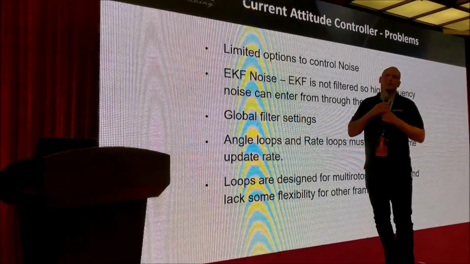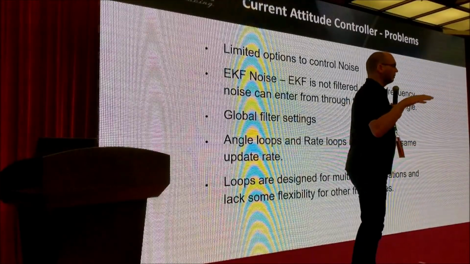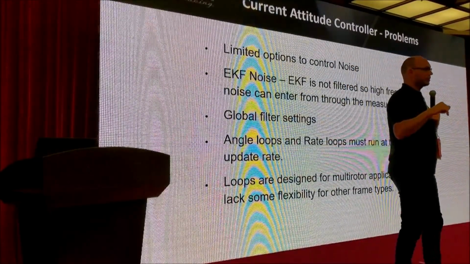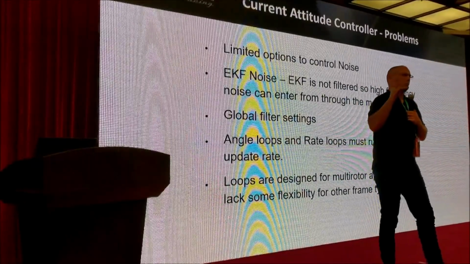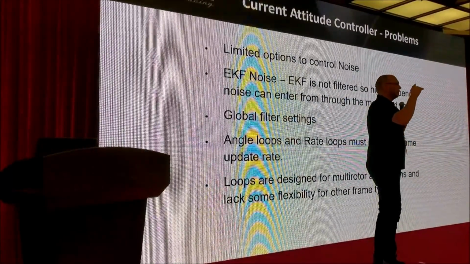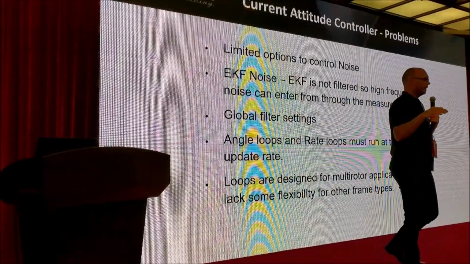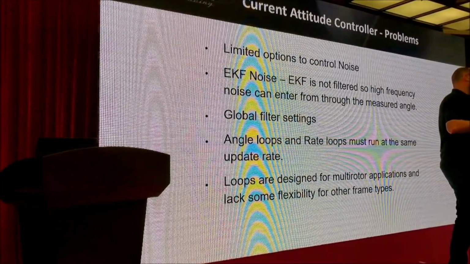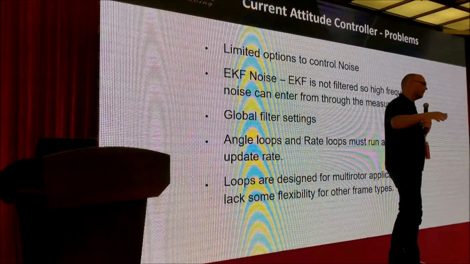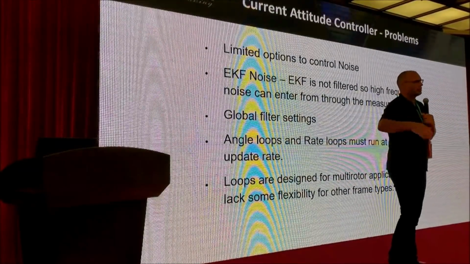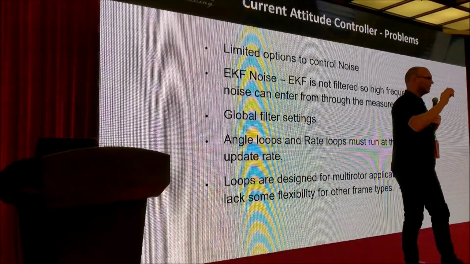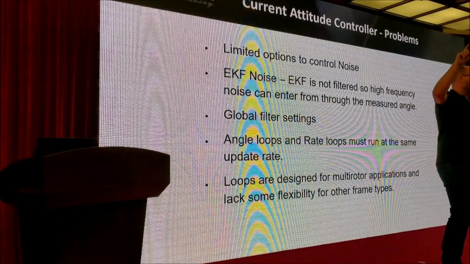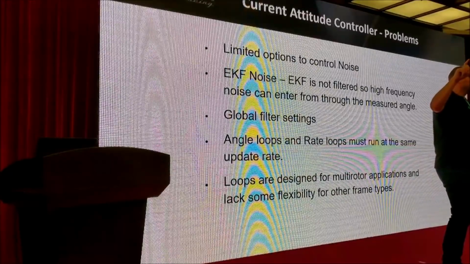Because of this mechanical D term and the speed at which yaw responds, we can't tune up yaw very high with a standard PID loop before we get oscillation. And people go, oh, we get this really bad yaw control. But what's happening is that it's actually oscillating at a high frequency on your arm.